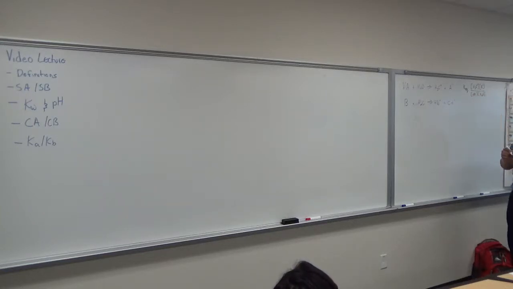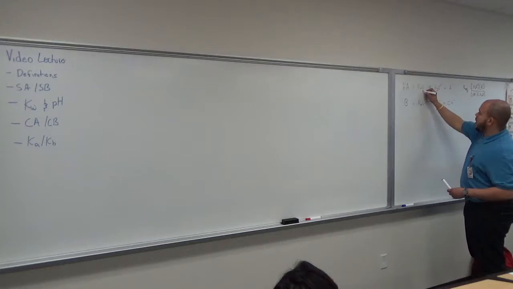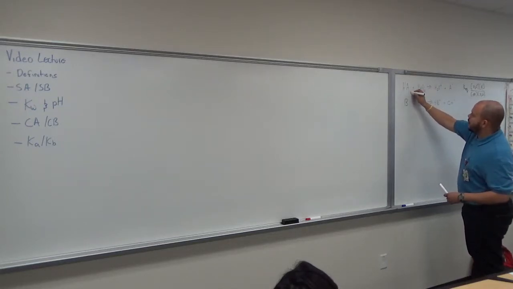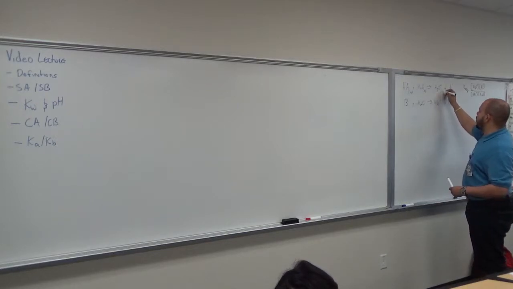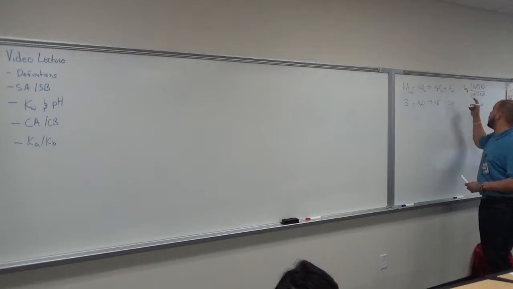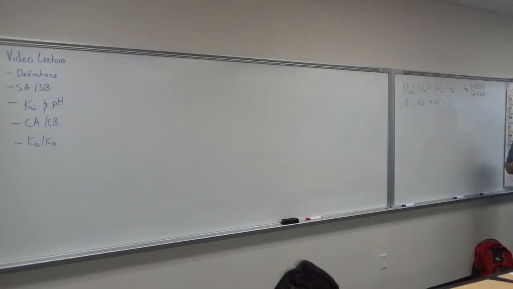But if we looked at the phases on this, we should remember that nothing that is a pure solid or liquid should be included in Keq. So this Keq is incorrect because water is a pure liquid. So we should not have water, even though it is a reactant.